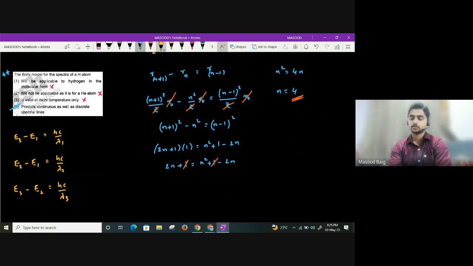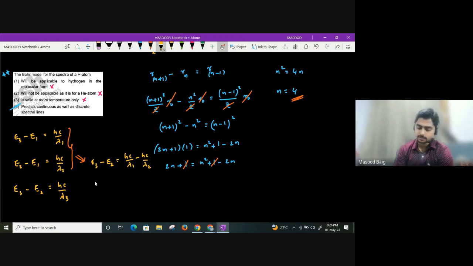So what I'm going to do, I will make use of these two first, beta. If you separate both of them, what are we going to get? E3 minus E2 minus E1 plus E1 you will get, guys. So E3 minus E2 will be equal to hc by lambda 1 minus hc by lambda 2. But what is E3 minus E2 here? It is hc by lambda 3, equal to hc by lambda 1 minus hc by lambda 2.